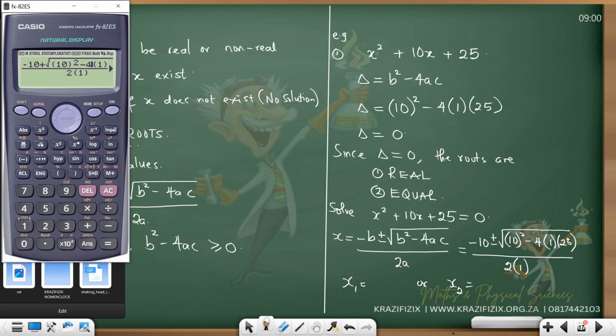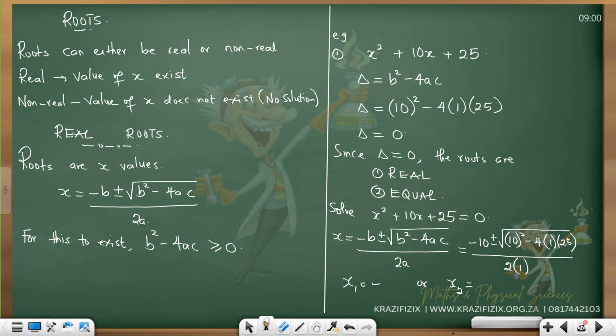Okay, I'm going to change it. You know the drill. My second answer is also negative 5. The fact that I am getting answers means that they are real. And my answers are equal. It means they are equal roots.